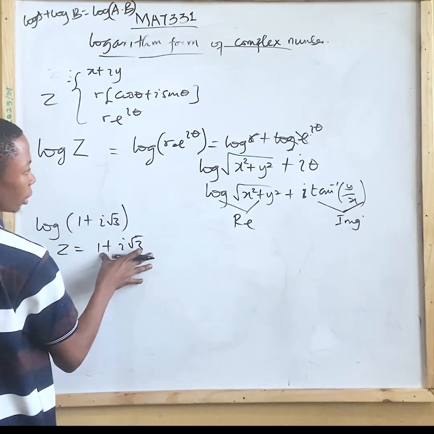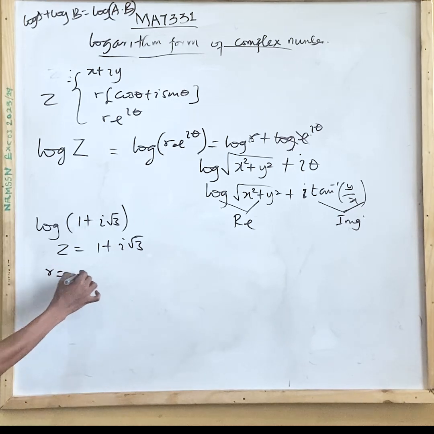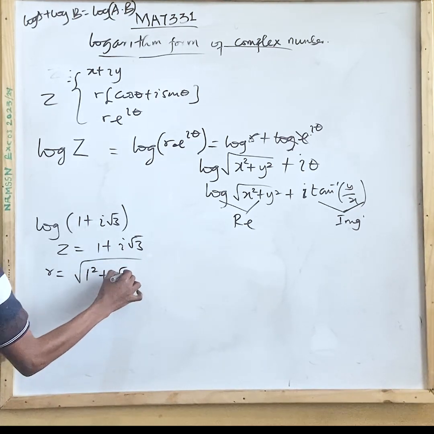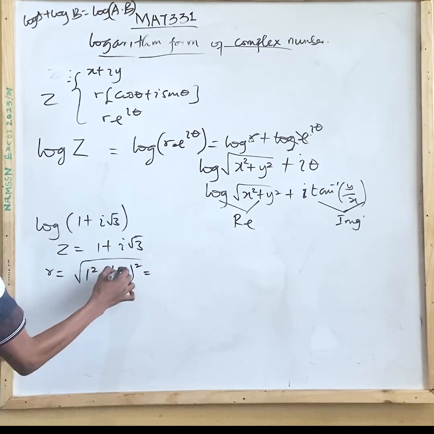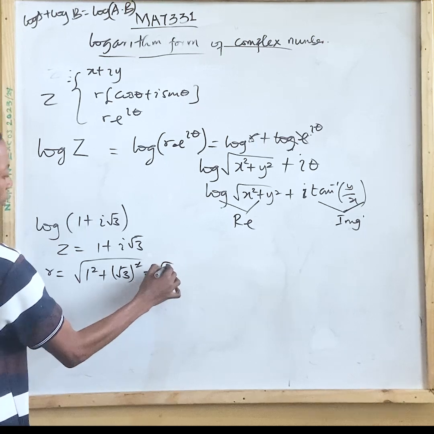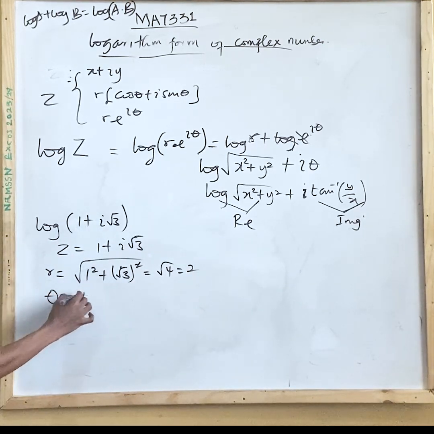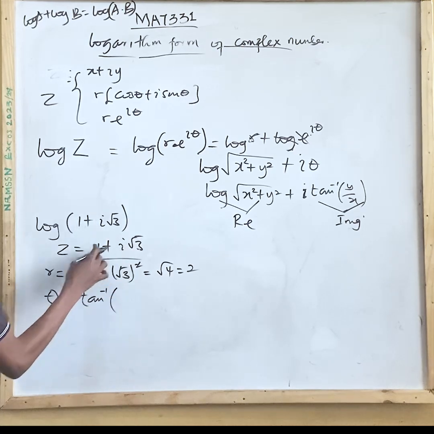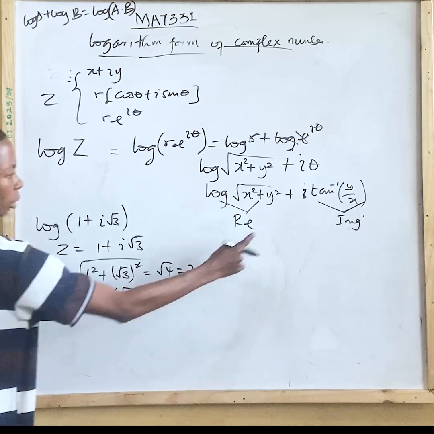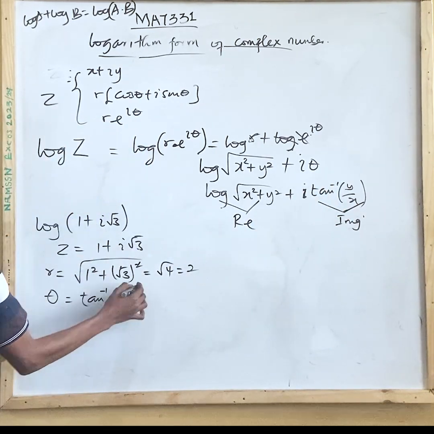I need the modulus, this r. So r is equal to square root of 1 squared plus root 3 all squared. Root 3 all squared is 3. 1 plus 3 is 4. Square root of 4 is 2. And I also need theta. Theta is tan inverse of y over x, where y is the imaginary part. So root 3 over 1.